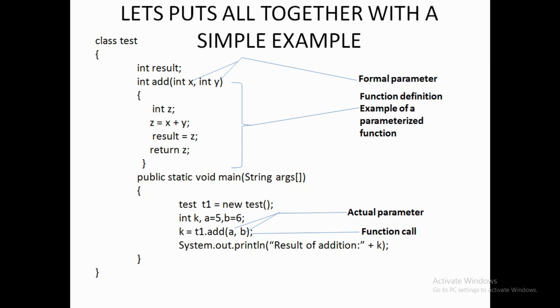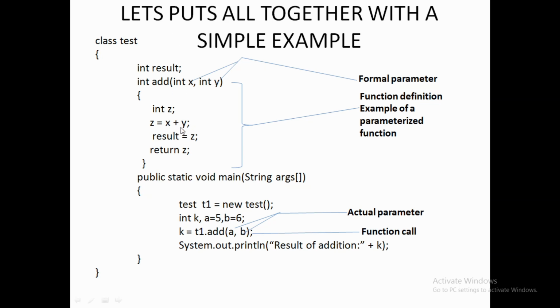Now let's put it all together with the help of a simple example. Here I have written a class whose name is test, which has a function or method add, which receives two values.